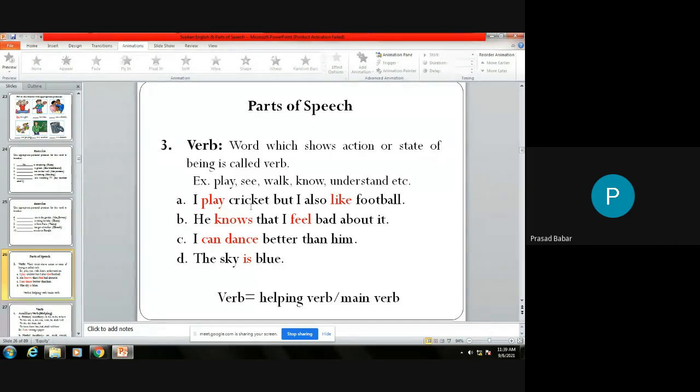Okay, so let's discuss it with an example. The first is, I play cricket, but I also like football. What are the verbs in this example?